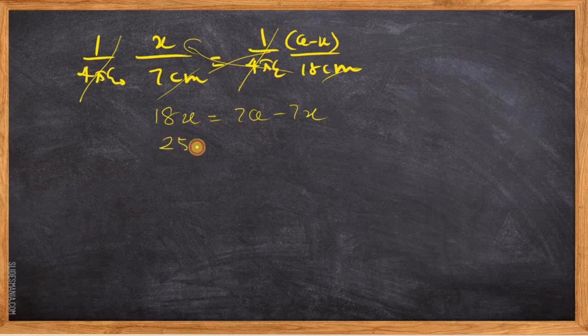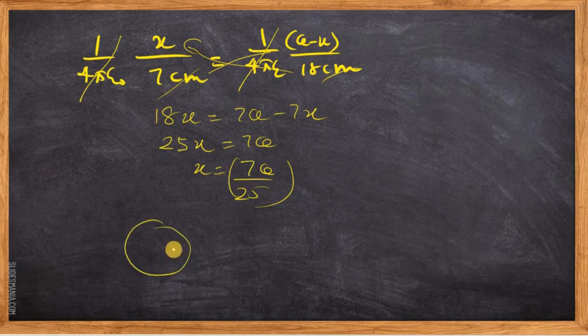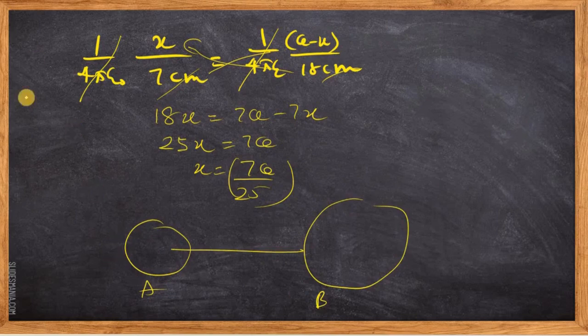That's 25x equals 7Q. Then x is equal to 7Q over 25. So if this is A, if this is B, here in A we have 7 over 25 Q and here we have the rest of the value.